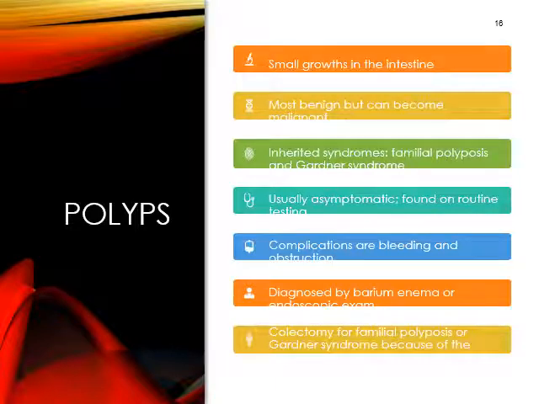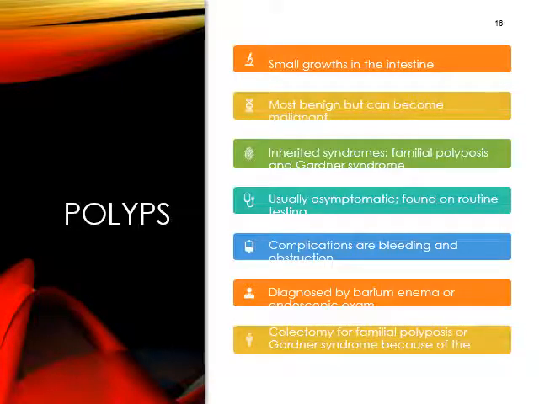Interesting here, inherited syndromes. So there's something called familial polyposis, and what that means is that it runs in the family, and they have multiple polyps. And I'm not telling you it's 10, 20, 25, 30 polyps, a lot of polyps. If a patient has a familial polyposis, the doctor may not remove them all at the same time.